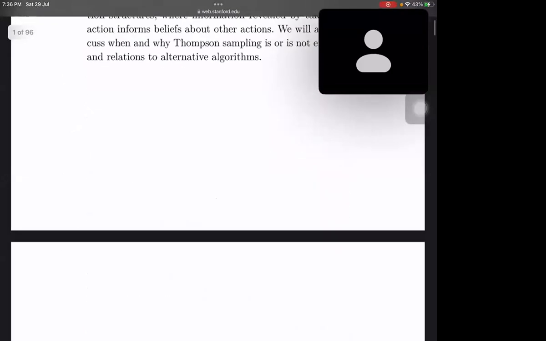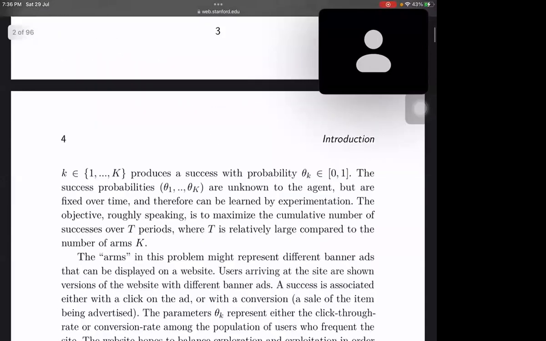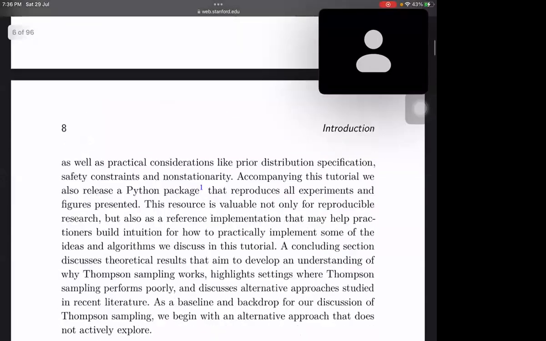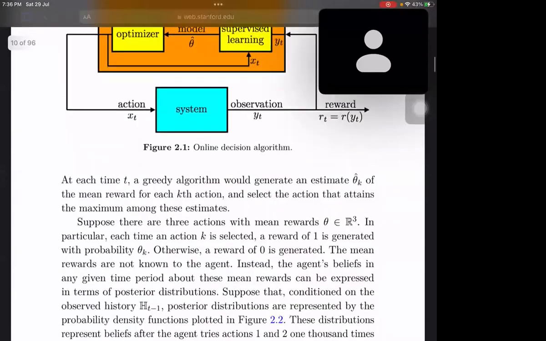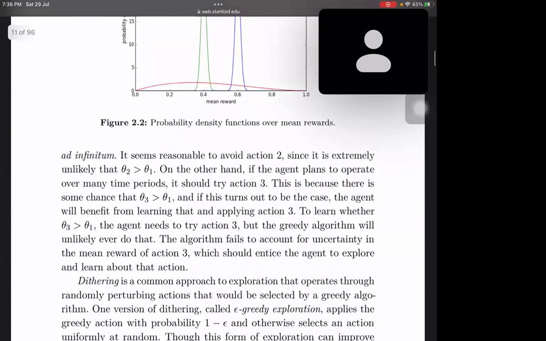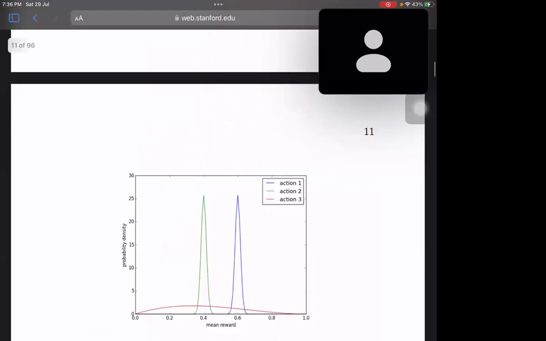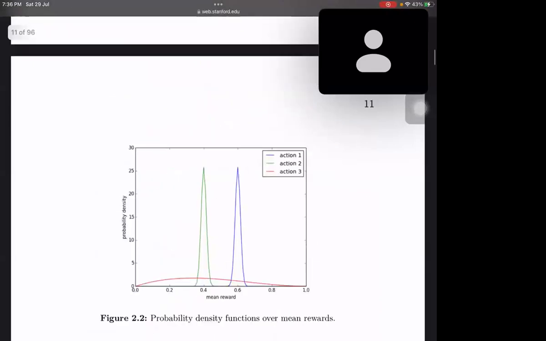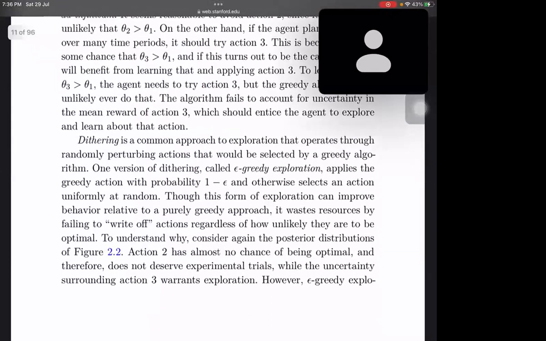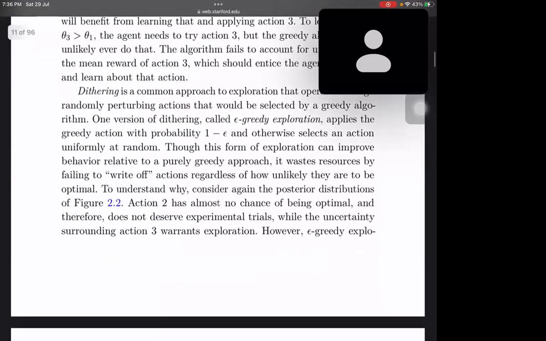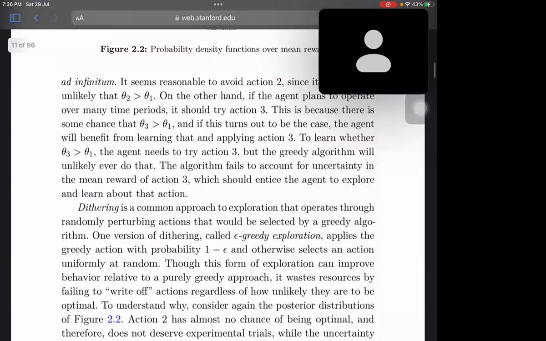So this is the article, a tutorial on Thompson sampling. It's a good one. Here they have explained very well through this diagram about dithering and all. I'll explain in the next lecture also, the epsilon greedy, how we came from greedy to epsilon greedy.